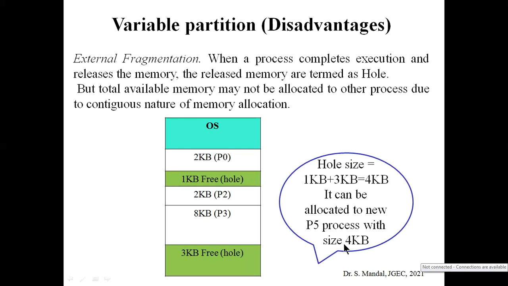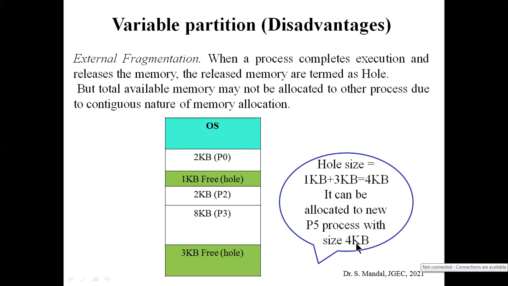Why? Because we are still following contiguous memory allocation. That means P5 should be placed in one partition whose size is at least 4 kilobyte.